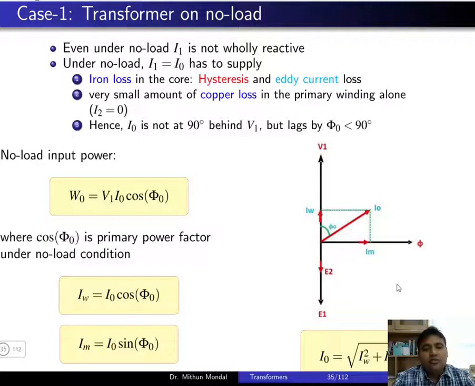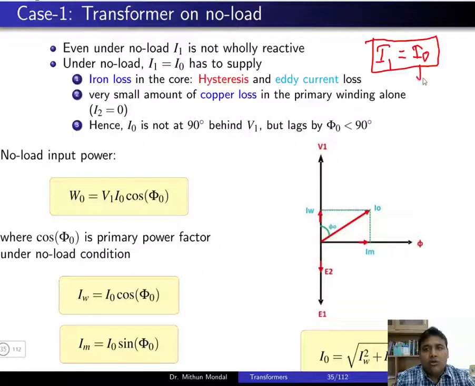At the beginning we started with the EMF equation, and then we looked at the no load current. When the transformer is under the no load condition, the current drawn by the primary winding is equal to I naught, which is basically used to produce the flux in the core.